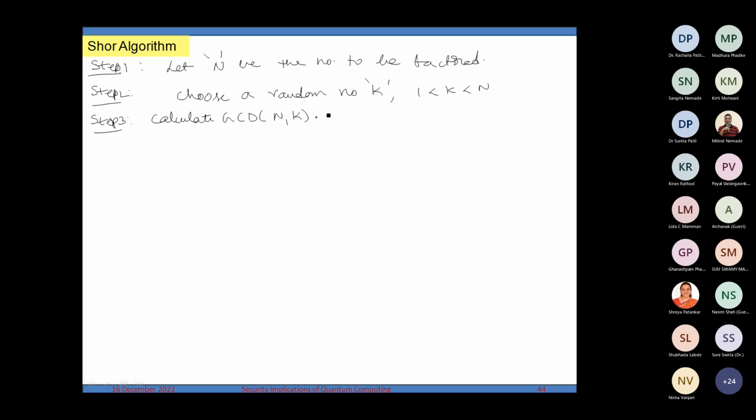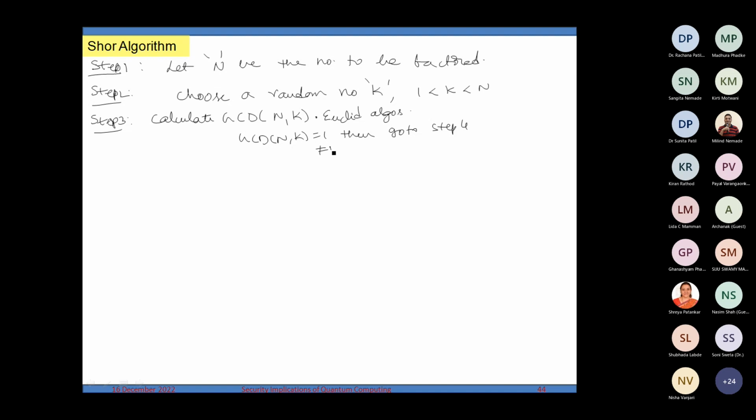Of course, in order to calculate the GCD of n comma k, you have a famous algorithm called Euclid's algorithm. If GCD of n comma k is equal to 1, then we go to step 4.